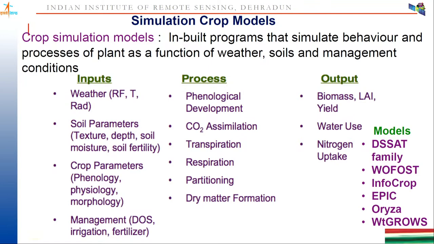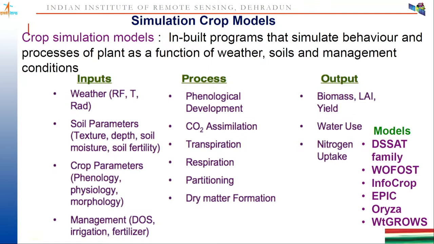It requires certain crop coefficients, phenological crop coefficient, phenotypic crop coefficient, certain morphological characteristics like initial leaf area, specific leaf area, and so on. It requires management also.